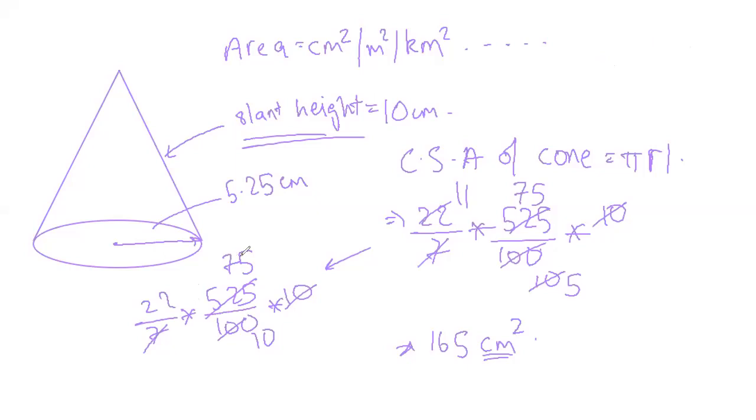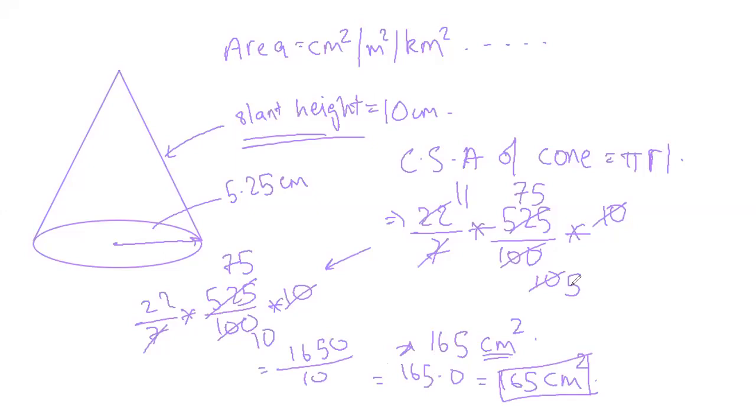So 22 into 75, I'll do it with a calculator, and I advise you to do the same so there's no wasted time. 22 into 75 is equal to 1650, divided by 10, which is 165.0, which is 165. Do not forget the units: 165 centimeters square. So this is the curved surface area of the cone.